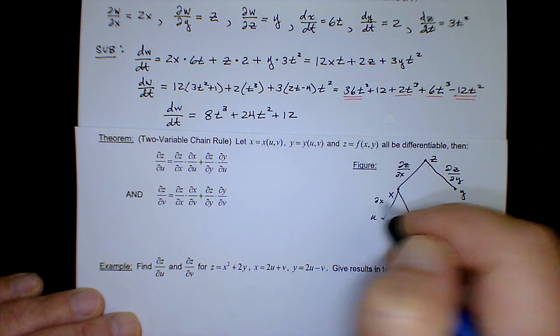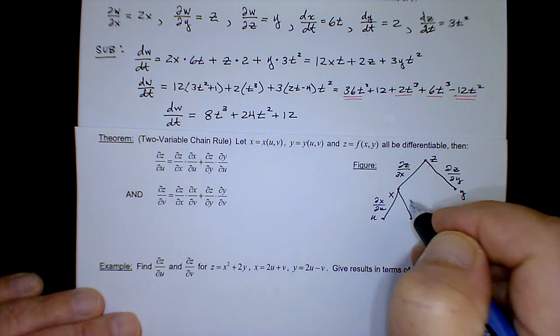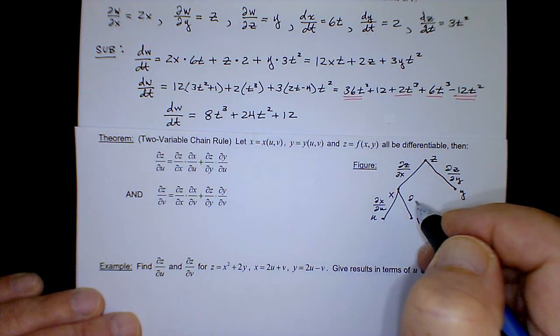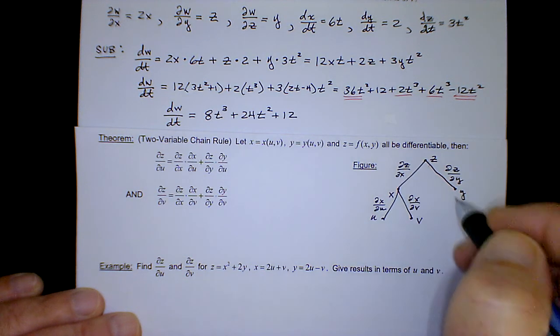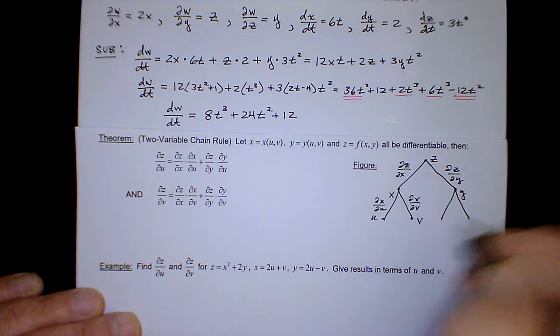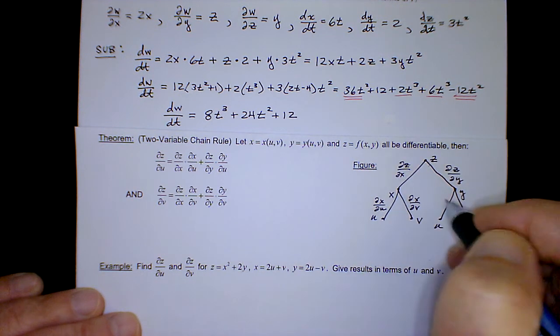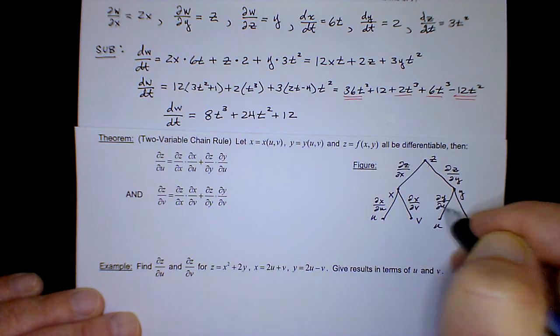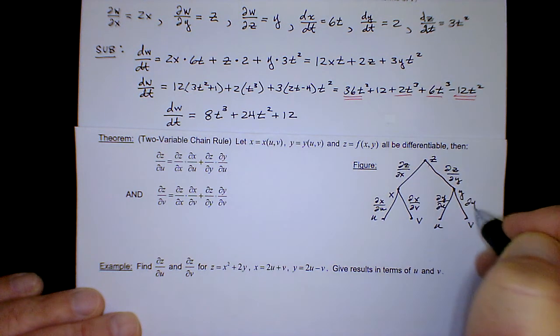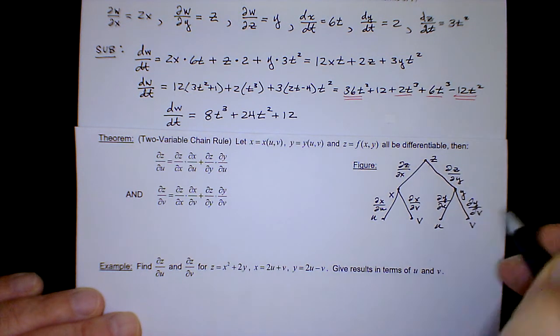The partial of x with respect to u and the partial of x with respect to v. And similarly for y, it's a function of u and v, so partials as well: partial of y with respect to u, and partial of y with respect to v.